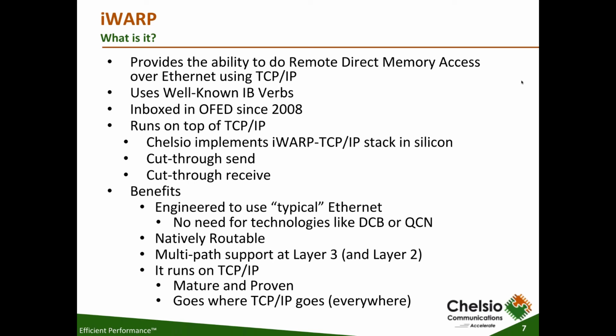There's no need to go out and buy all new switches that implement features like DCB, or Data Center Bridging, or QCN, Quantized Congestion Notification. Let's face it, basically the internet runs on TCP/IP. Without it, there would be no internet. The technology works. And this is a side note from me, the other Ethernet RDMA technology keeps trying to reinvent itself so that it can have all the features of TCP/IP and iWARP that they already have.